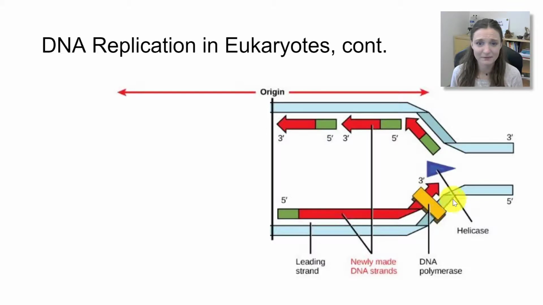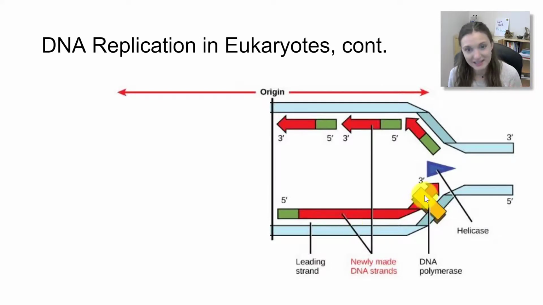So our key players again, helicase opens up those hydrogen bonds between the two strands of DNA. Primase creates an RNA primer, which allows DNA polymerase to attach. DNA polymerase can read the old DNA strand moving in the 3 to 5 prime direction.